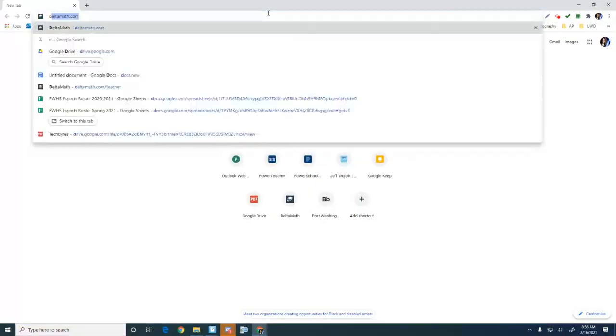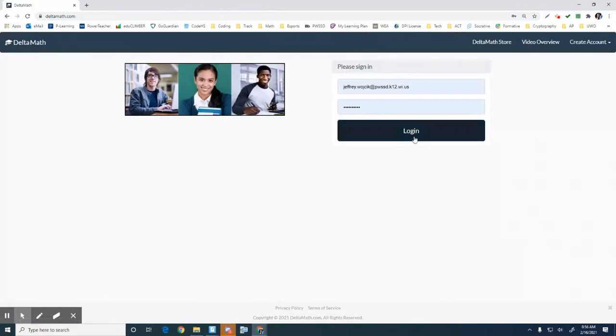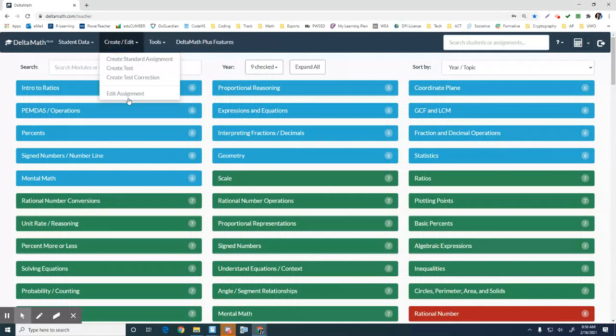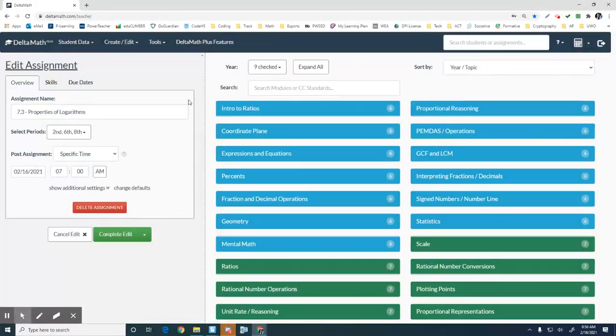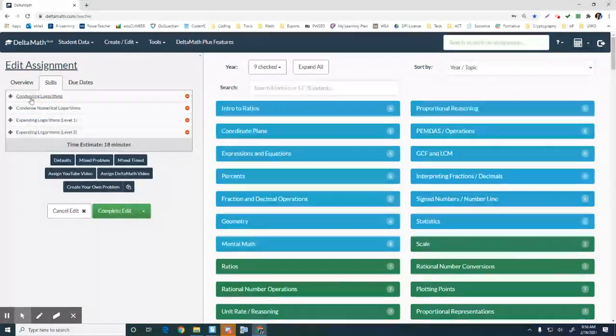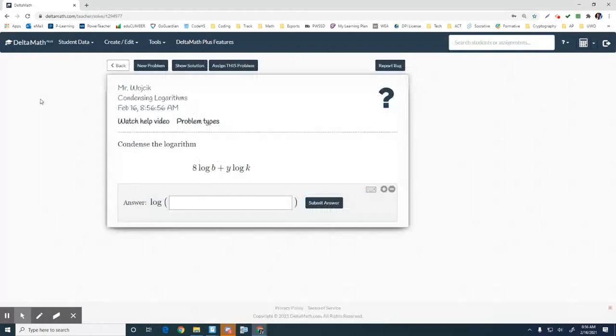So take a look at this. 7.3, properties of logs. So you've got some condensing logs and expanding logs. So condensing logs, you're just rewriting as a single logarithm.